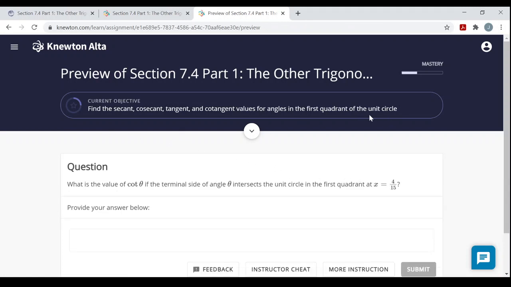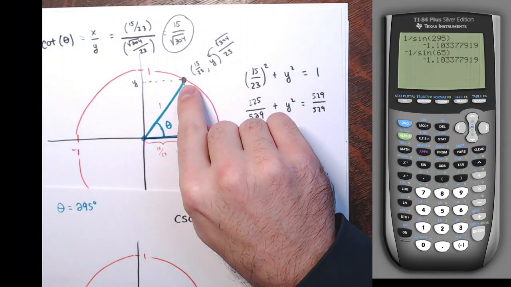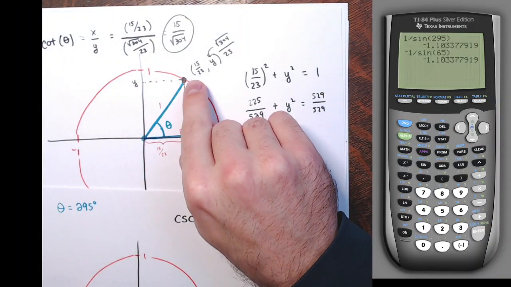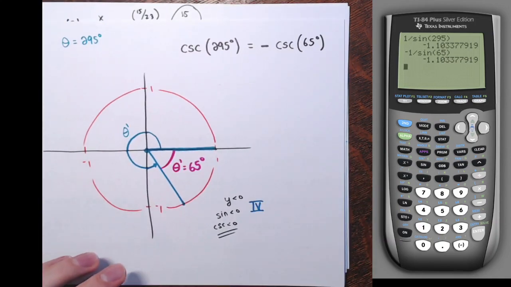So again, still on the unit circle. All of this involves the unit circle, and this is very similar to the problem I did earlier. Remember the problem I did earlier, where you had an x-coordinate of 15/23, and then used the Pythagorean theorem, and then you found the cotangent.